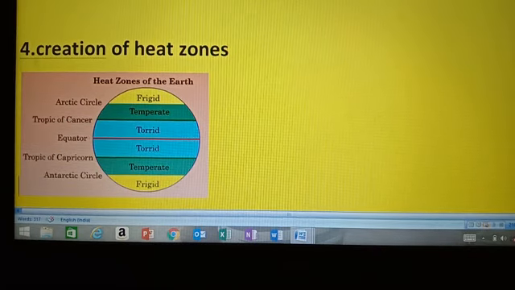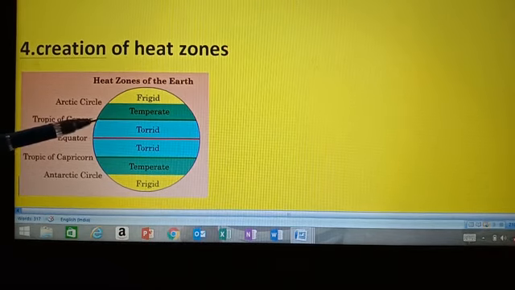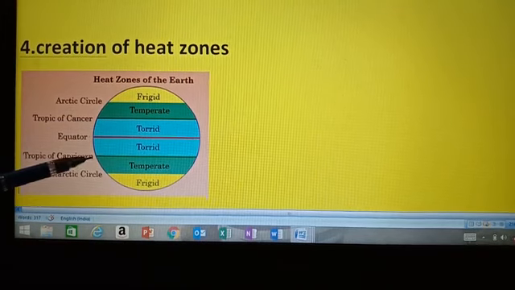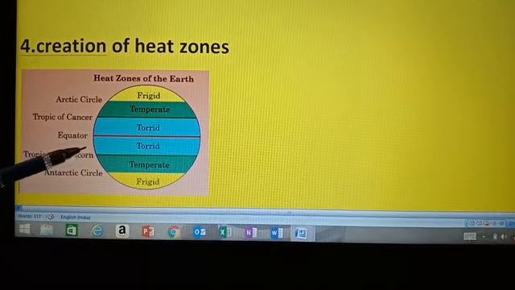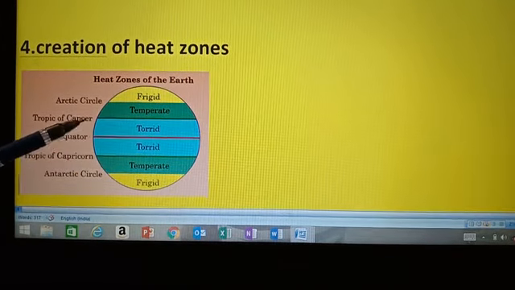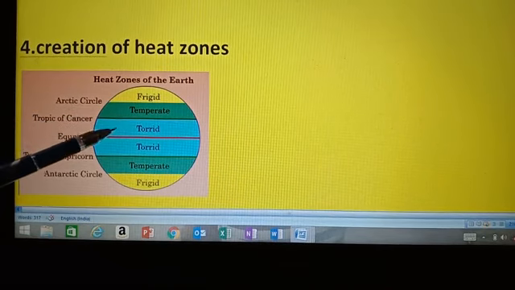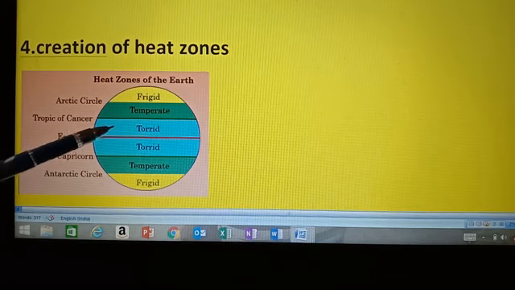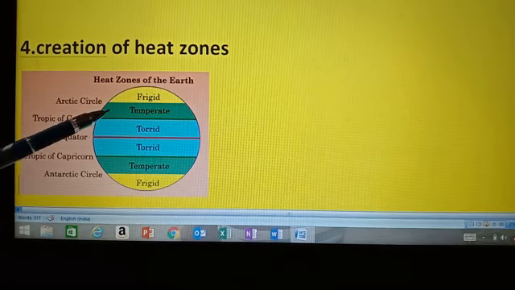First comes the torrid zone. Torrid zone stretches between 23.5 degree north to 23.5 degree south. This region experiences warm climate throughout the year. Then we have temperate zone.